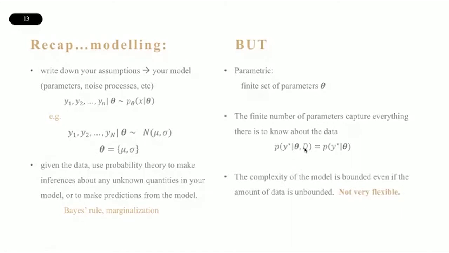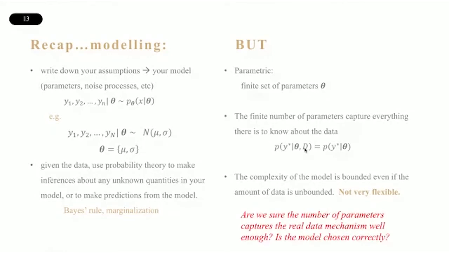However, by defining a finite set of parameters, we actually introduce some constraints into the model. We say that the model is as flexible as the number of parameters allows. So the complexity of the model, in other words, is bounded. But this is not always what we want, and this might actually affect the efficiency of the model.